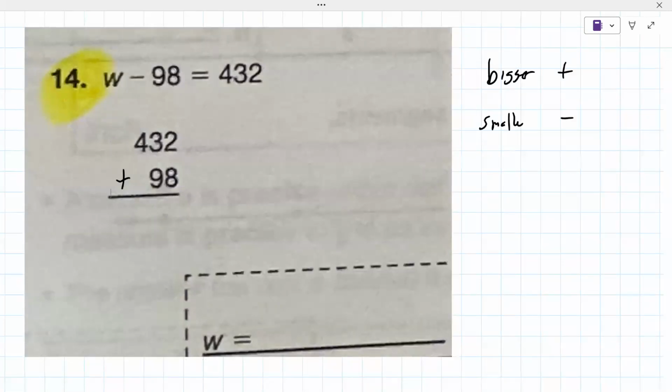Is that something you know how to do, or do you need some help with that? I need help. Oh no, actually I know how to do it. You know how to do it? Okay, give that a try. Let me know what you come up with. I got it. Okay, what is your final answer? 530. Yes, 530. Very good.